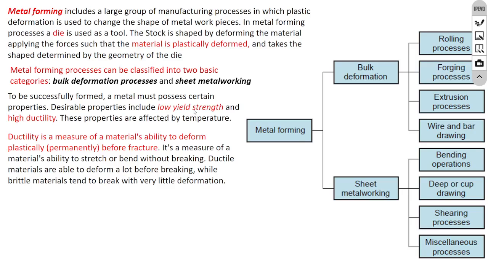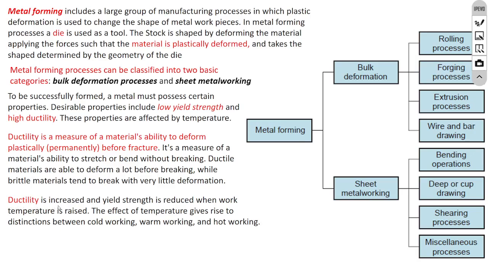If the yield limit is small but the deformation willingness, the ductility, is high, then this material is quite good to use in metal forming technology. Ductility is a measure of a material's ability to deform plastically, permanently, before fracture.